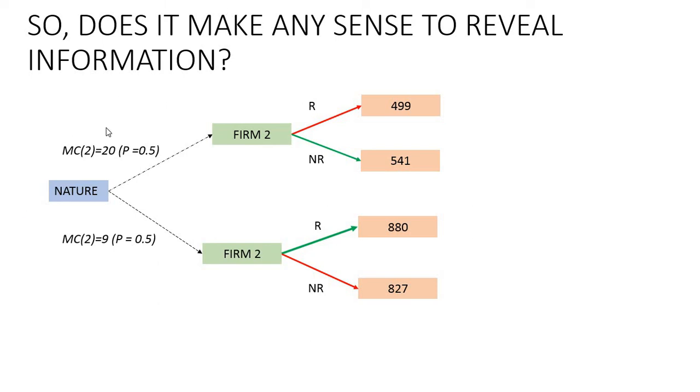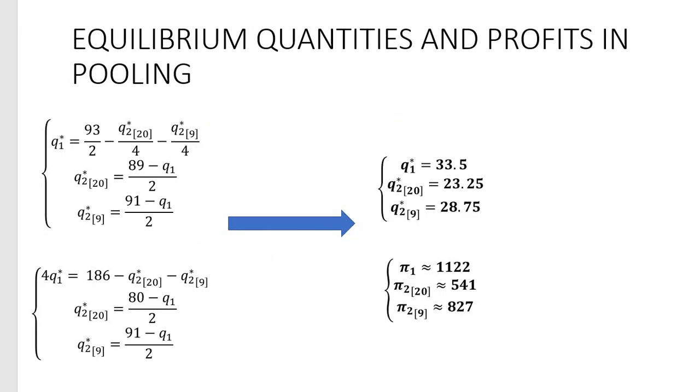So if the marginal cost of the second firm is equal to 20 and the second firm decides to reveal information, then this profit will correspond to pooling equilibrium.